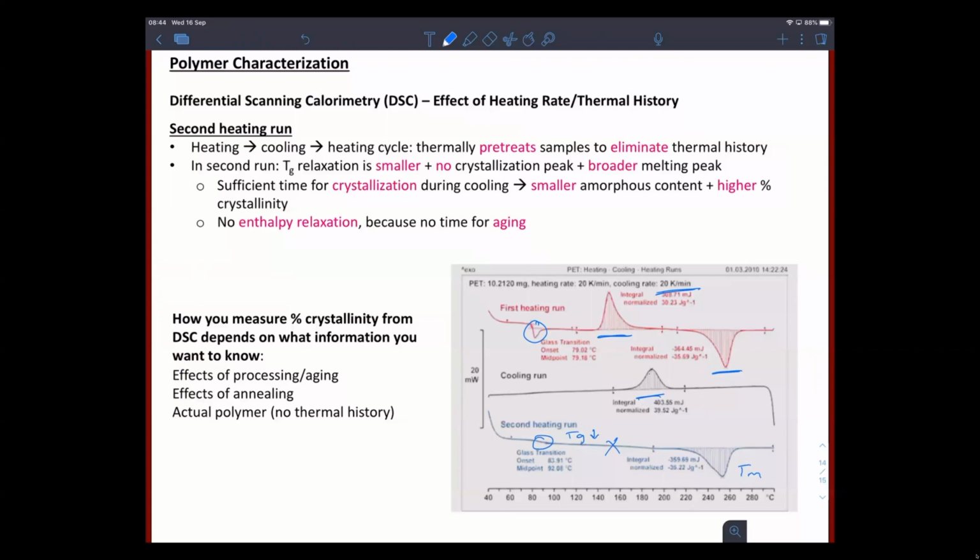The main thing to take from this is that you need to know what peaks are occurring: the TG, where we measure the TG from, where we measure the TM from, and the effects of different cooling and heating cycles on the relationship between the TG and the cold crystallization.